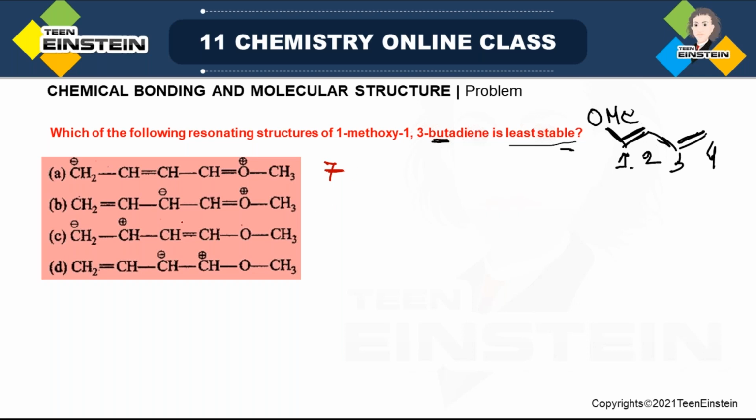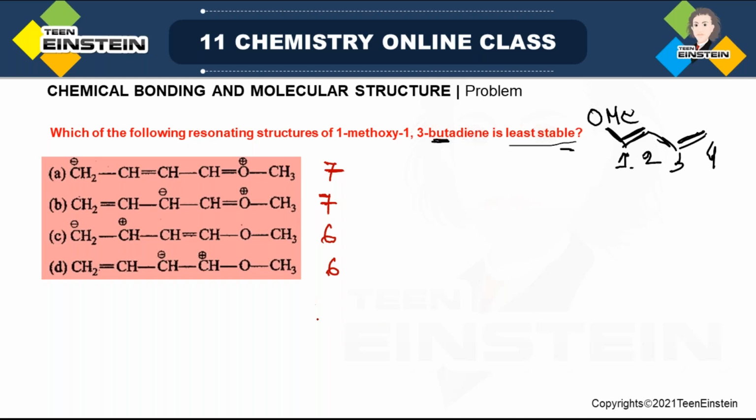Then in the next structure, this is also 7. Then structure C, 6. This is also 6, right? So obviously the least stable structure will be either C or D. A and B cannot be the correct option, right? Because there are the maximum number of double bonds present.